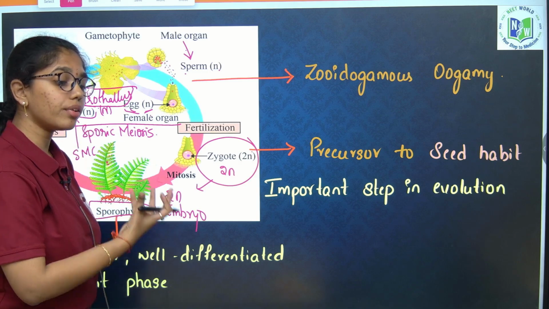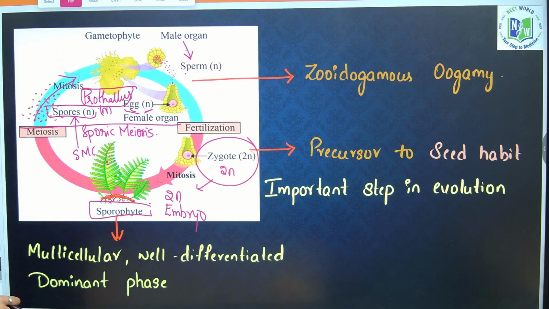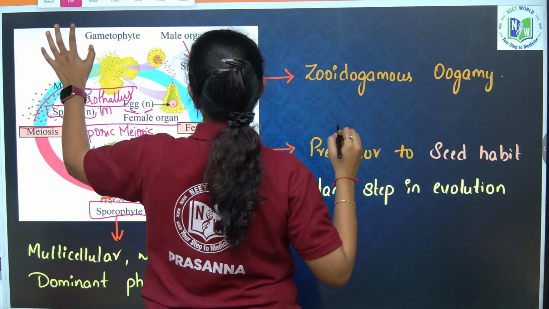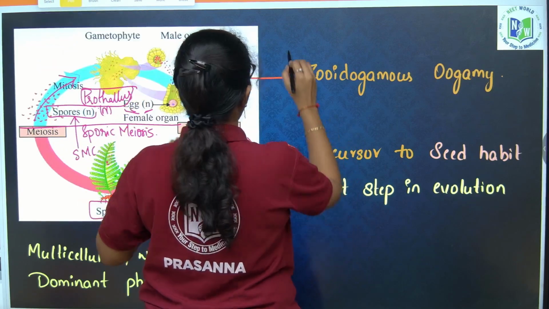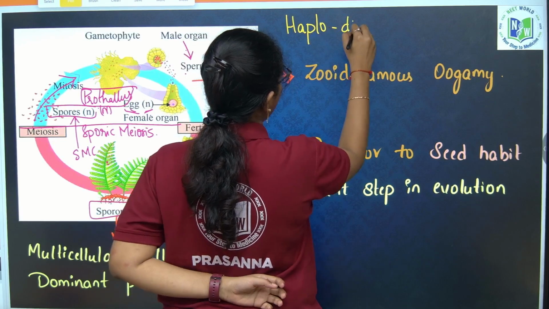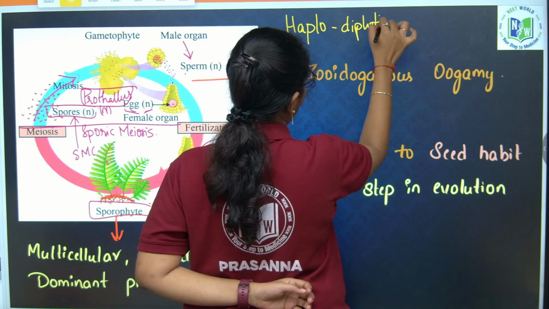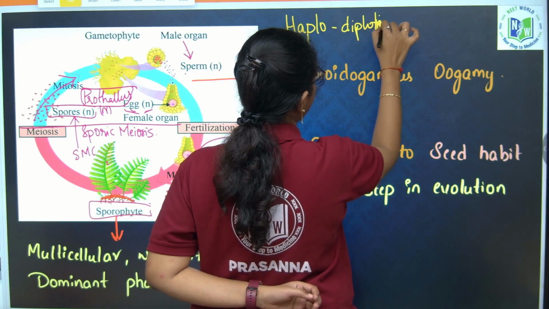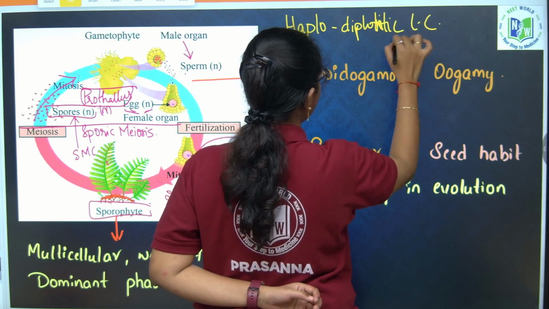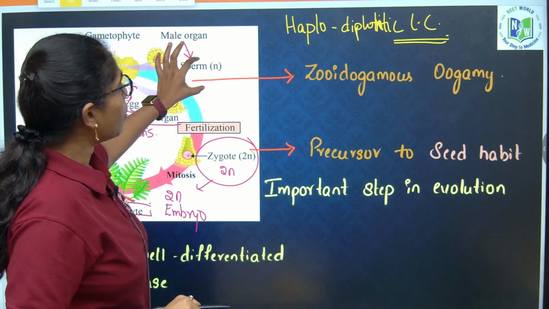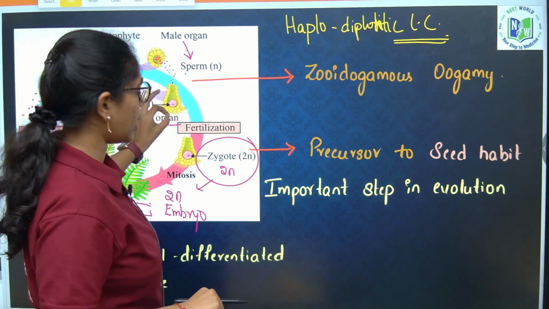So, if you look into the life cycle of pteridophyte, here also you can observe a haplodiplontic life cycle. What is that life cycle, Nana? Haplodiplontic life cycle. Both haploid and diploid phases are seen. Clear? And here also you can observe zooidogamous oogamy, wherein biflagellated antherozoid is fertilizing the egg.